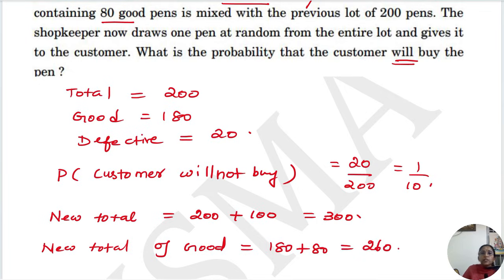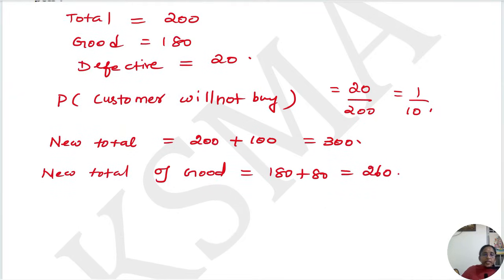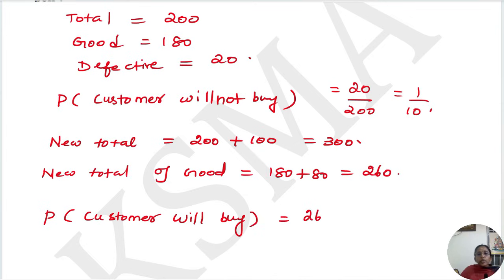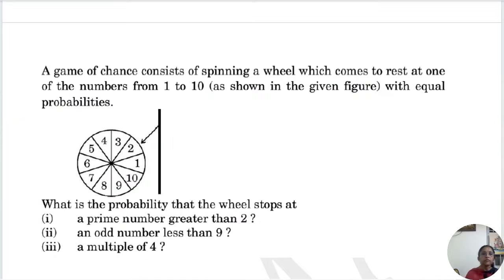The question is the probability that the customer will buy the pen. Buying the pen means it should be in good condition. So the probability that the customer will buy the pen is 260 over 300. On reduction the value is 13 over 15.